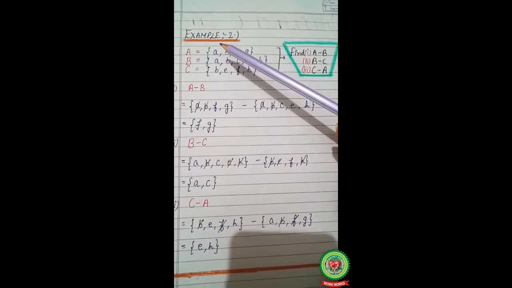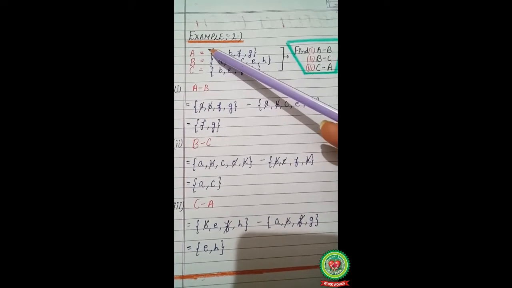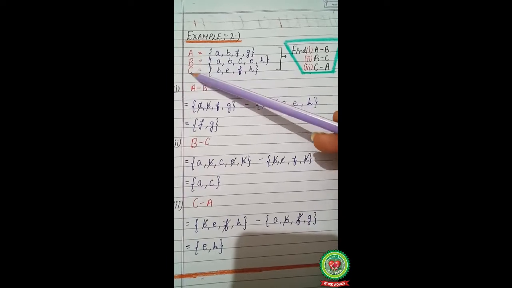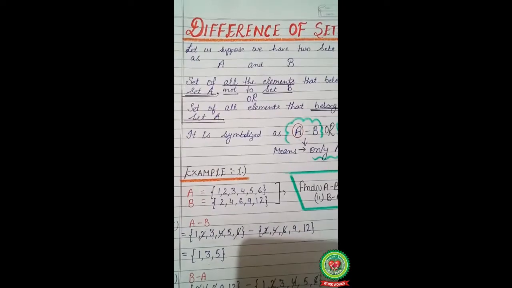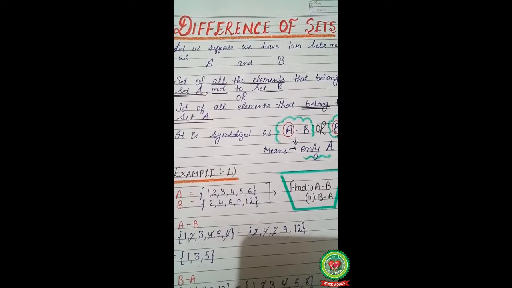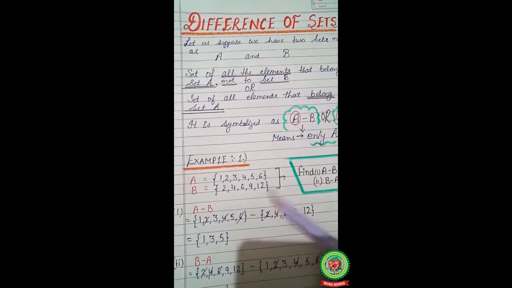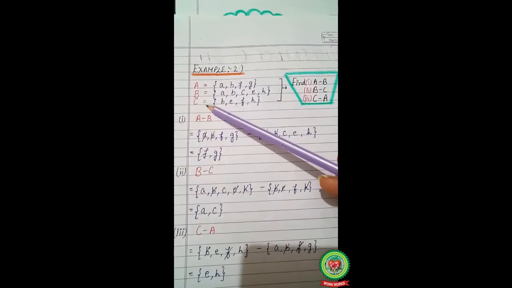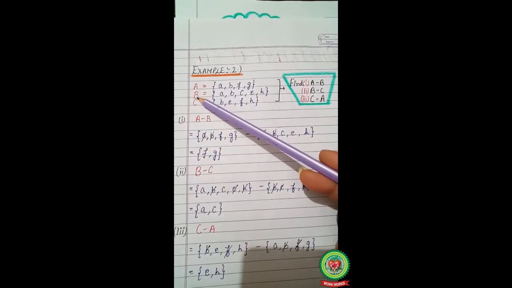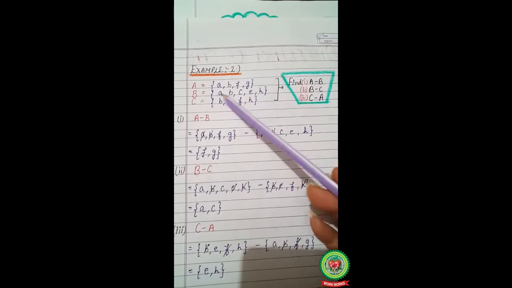Now this is example number 2. Here we have taken these 3 sets altogether, right? We discussed in the beginning the difference of sets, that is, how to find the difference of 2 or more sets. Here we took 2 sets, and now we are taking 3 sets altogether. Three sets are given, A, B, C, with alphabet elements.